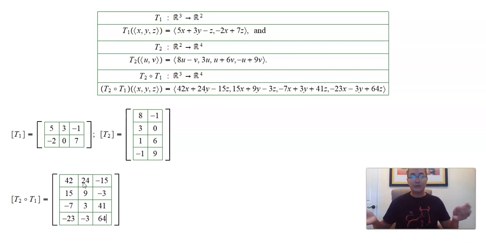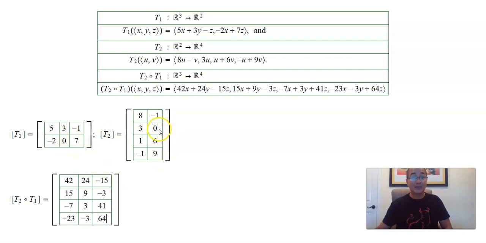When we were just adding or subtracting or multiplying a linear transformation by a scalar, it was easy to see where this third matrix came from. Oh, we just add the pairs together. Or you just multiply every entry by negative 4. Here, where did all of these numbers come from?